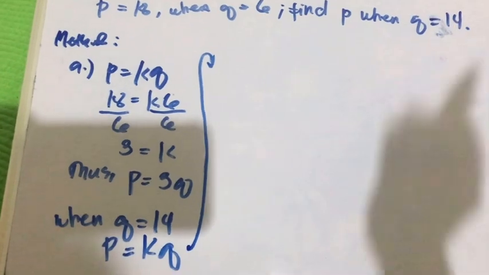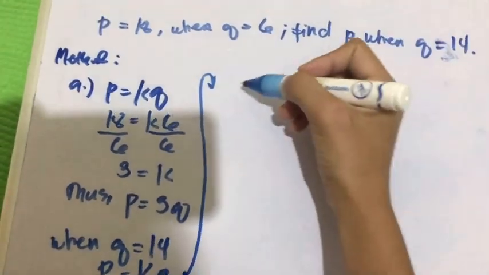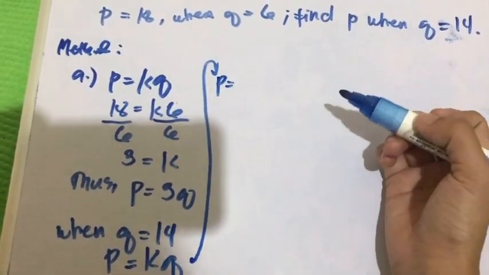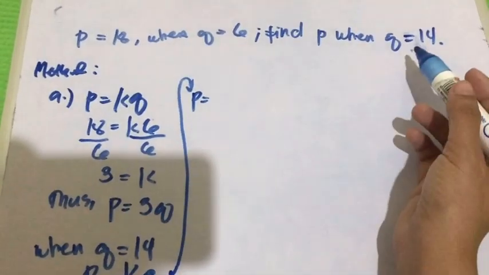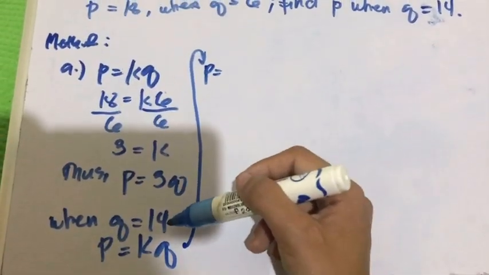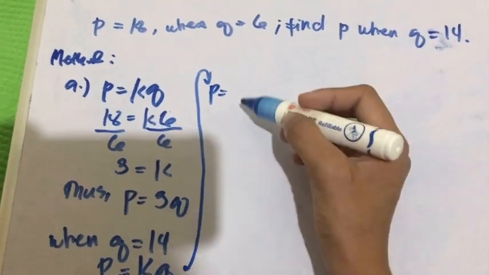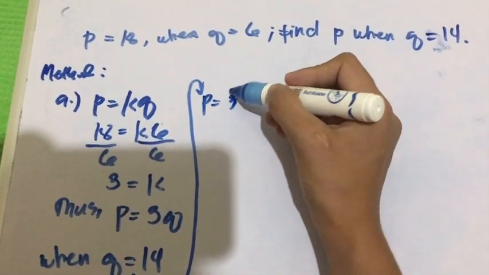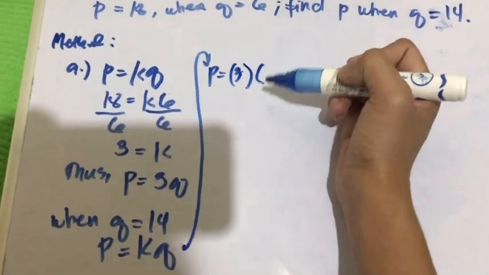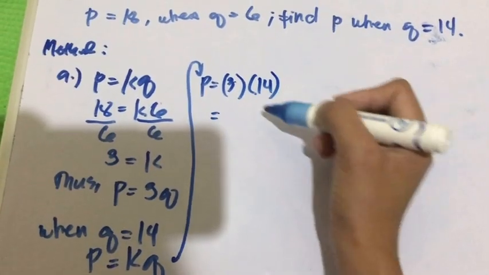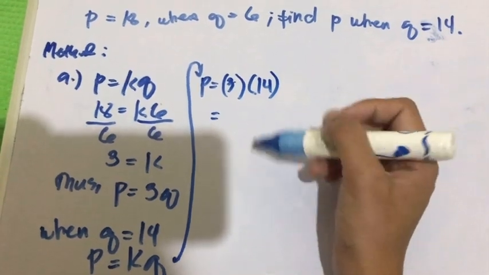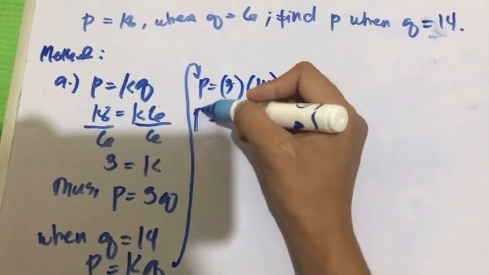When Q is equal to 14, we have here P is equal to, we substitute the value of K and the second value of Q. We have here K is 3 times our value of Q, 14. This gives us 3 times 14.